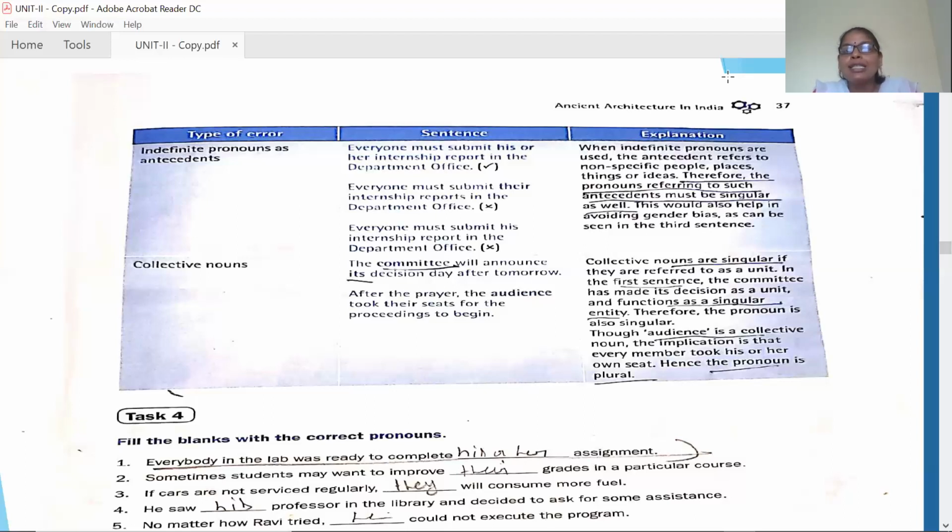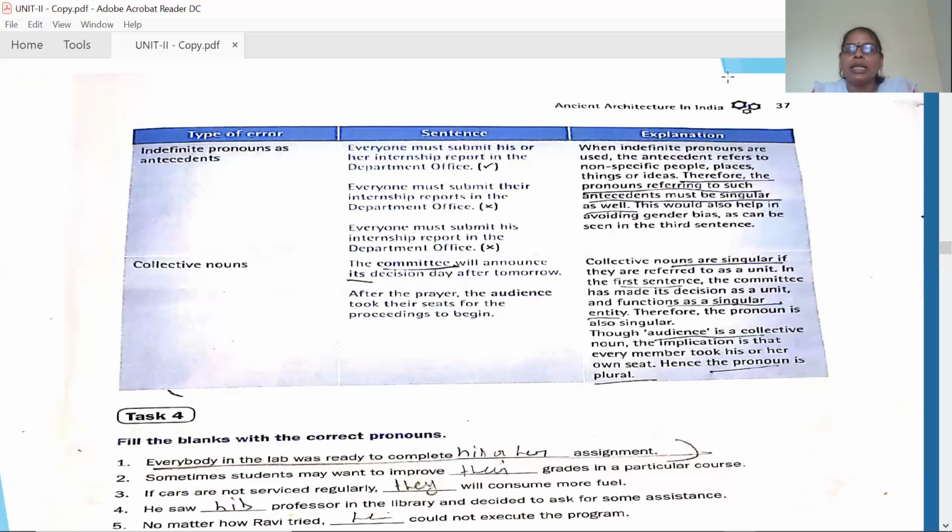In the first sentence, the collective noun is singular because it is referred to as a unit, and it has made its decision as a unit. In this sentence, we are making this collective noun singular: the committee will announce its decision, singular.